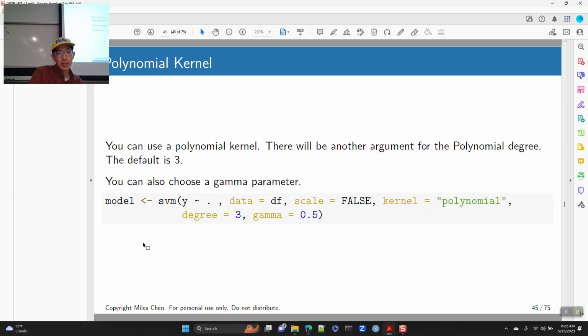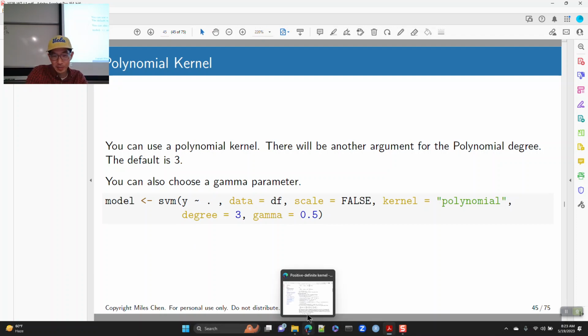Instead, we can try using a polynomial kernel. With the polynomial kernel, we have a couple of options. One is we can change the degree of the polynomial. Do we project our data into 3D space, 4D space, 5D? I don't know if there's a direct translation.